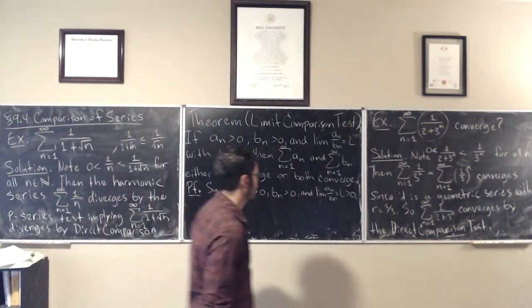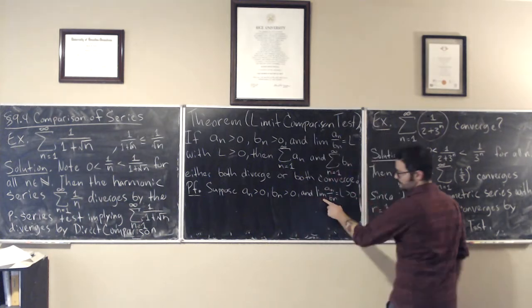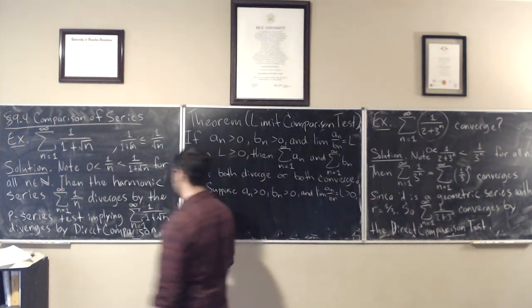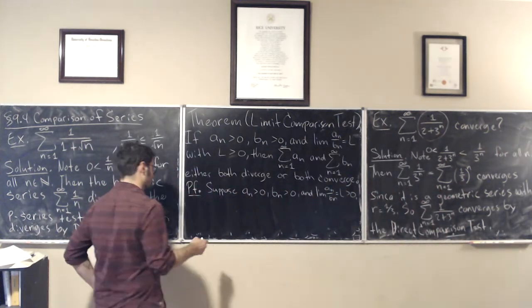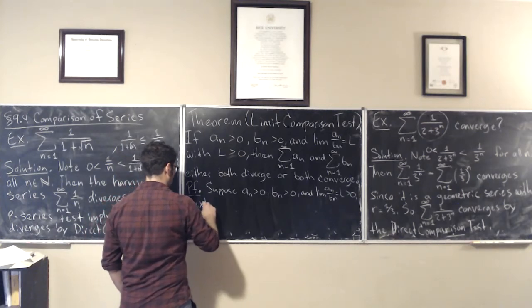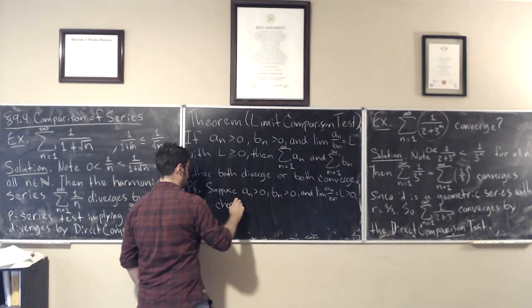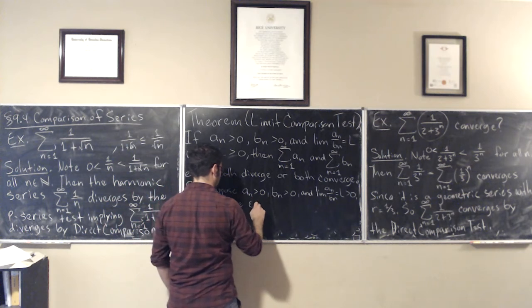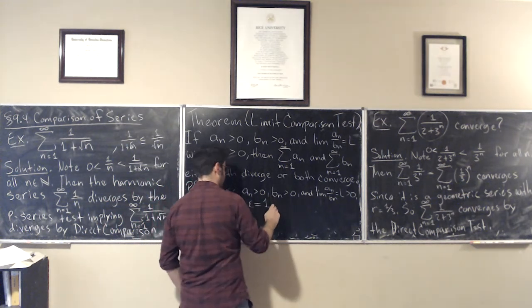Okay, so by definition of the limit, we can use the epsilon delta definition of limits. Next, we choose epsilon equal to 1.